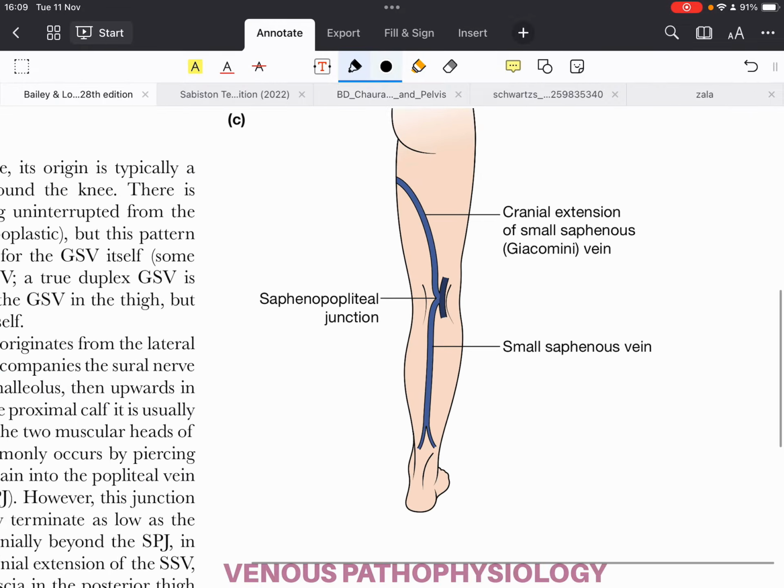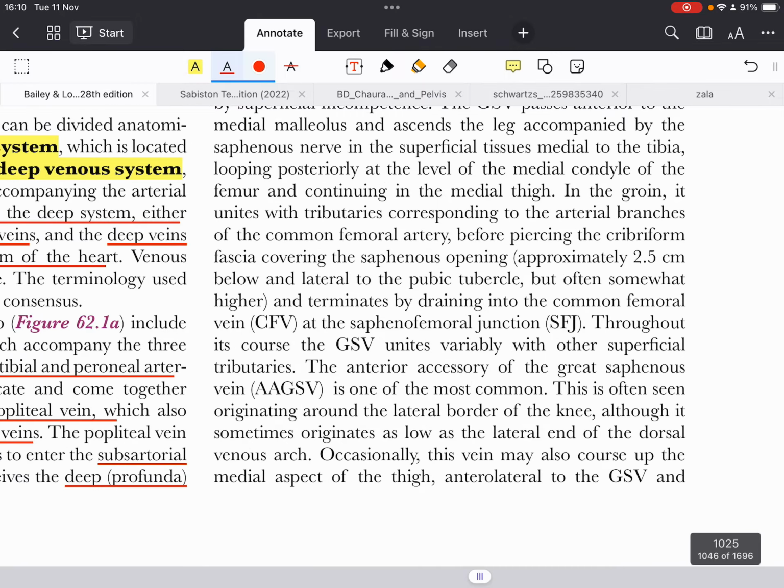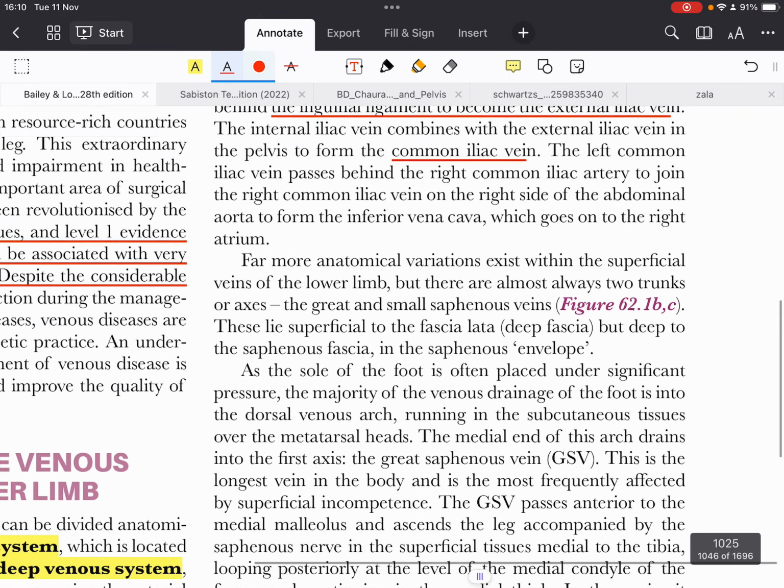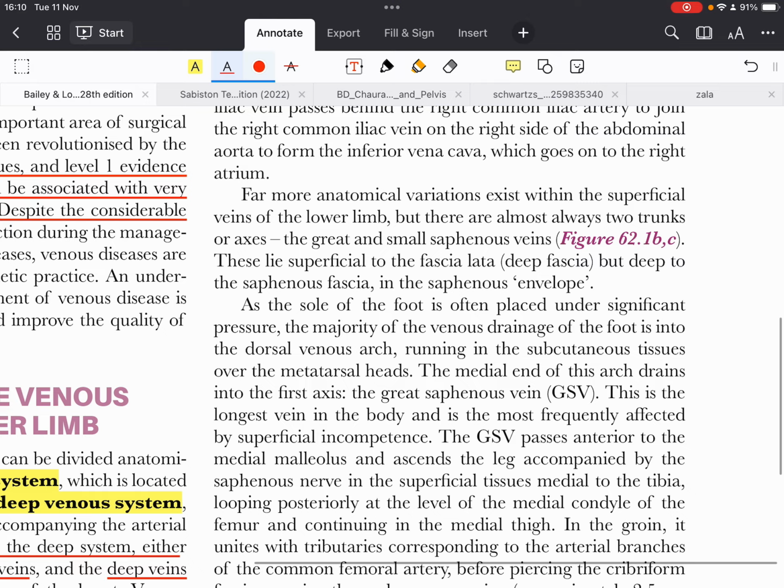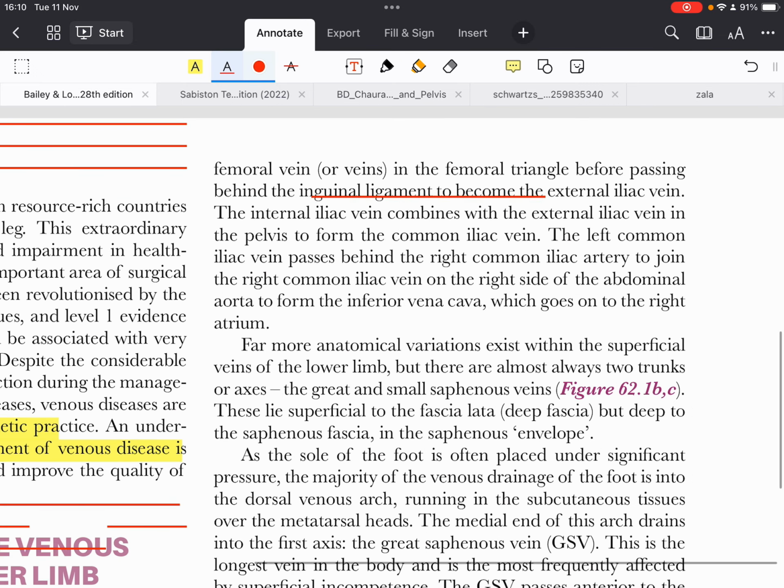This is the short saphenous vein, on the posterior side of the leg, the small saphenous vein, and the saphenopopliteal junction (SPJ). The cranial extension of the small saphenous is called the Giacomini vein. Okay. Many variations exist within the superficial veins of the lower limb, but there are almost always two trunks or axes, the great and small saphenous veins.